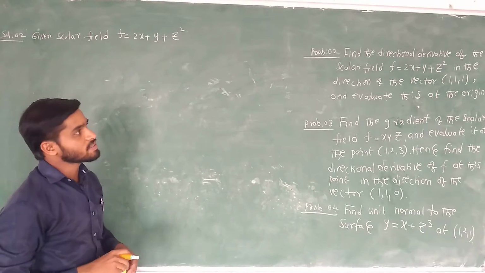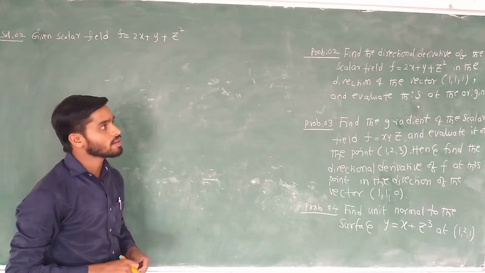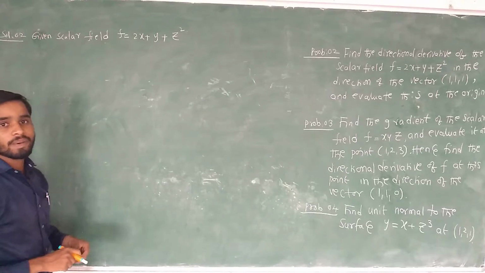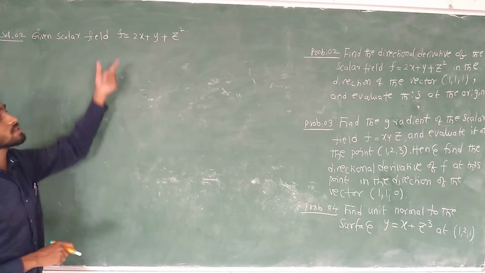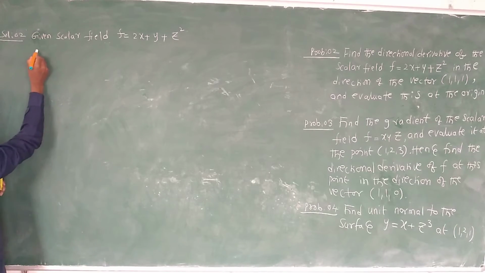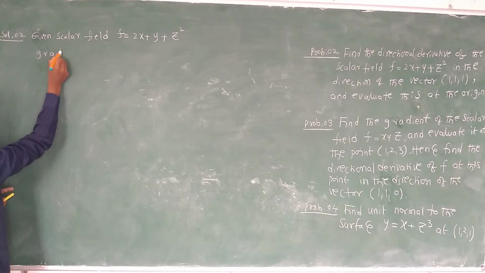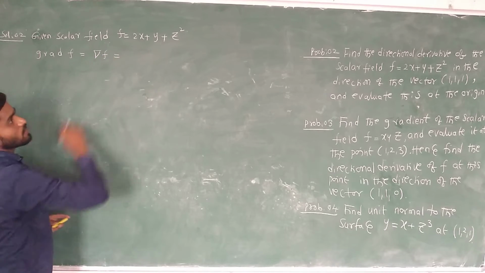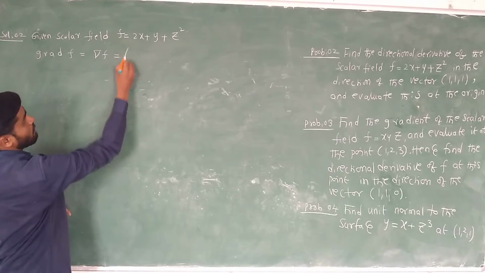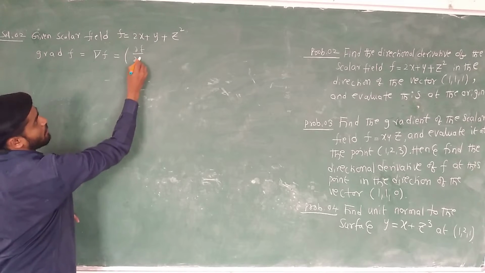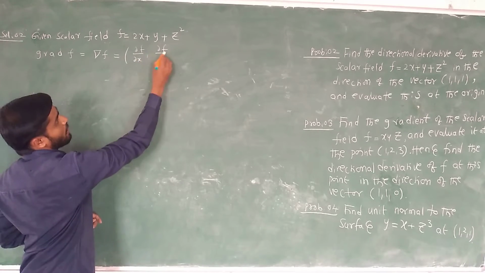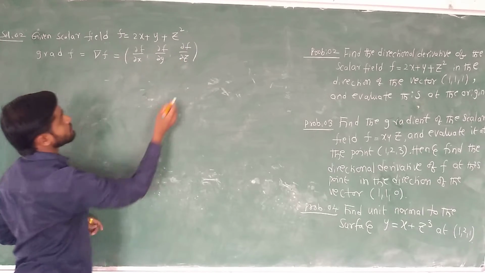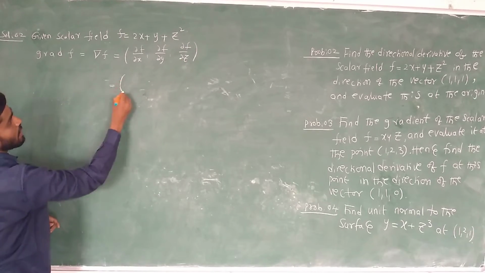To compute the directional derivative of the scalar field in the direction of the given vector, we need to compute the gradient of this scalar field. So the gradient of f, that is del f, the formula will be dou f by dou x comma dou f by dou y comma dou f by dou z.